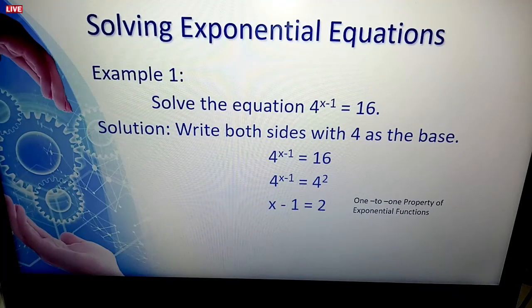Simply equate x minus 1 equals 2. So, the value of x is 3.